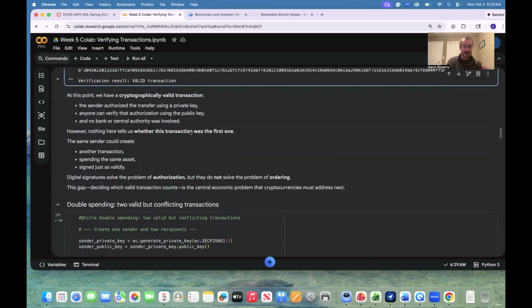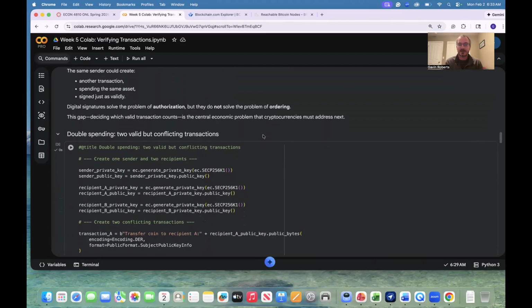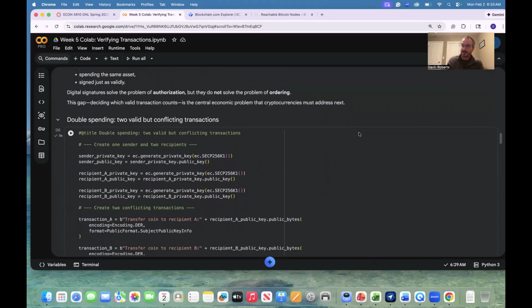We're not verifying anything about that in the above. Digital signatures solve the problem of authorization. Yes, Gavin authorizes this transaction, but they do not solve the problem of ordering. Which transaction goes first if this person is trying to overspend their assets? This gap, deciding which valid transaction counts, is central to the economic problem that cryptocurrencies must address next.